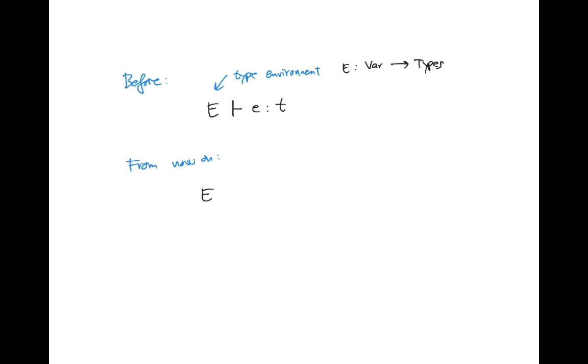We still have type environments, but now we also need to have a class environment. This is a type class environment. And the type class environment C is a function from types to type classes.